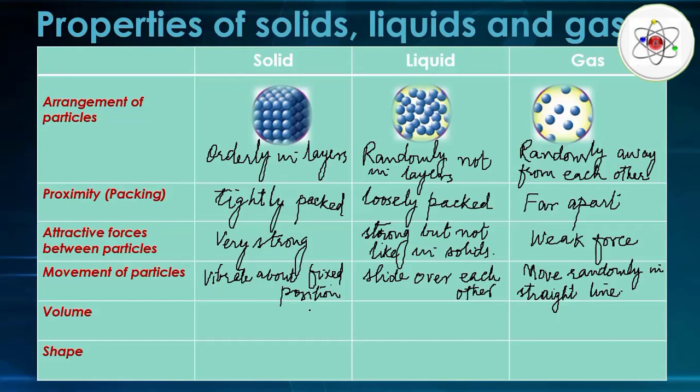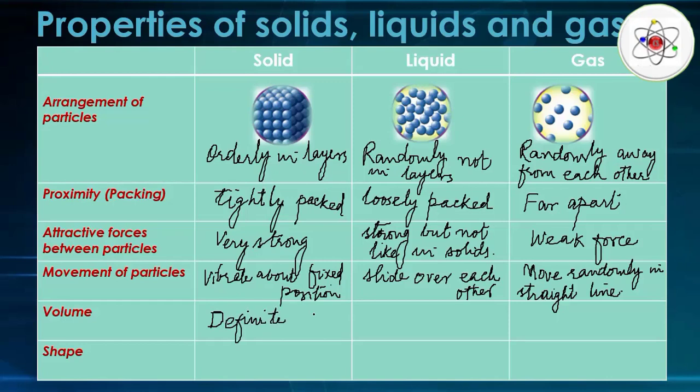Based on this arrangement, we can describe the volume and shape of solids, liquids and gases. These physical properties can be described easily: solids have a fixed, or definite, volume, right?